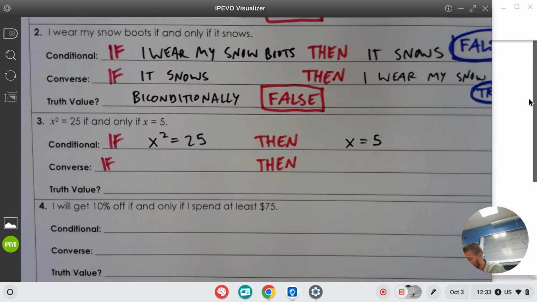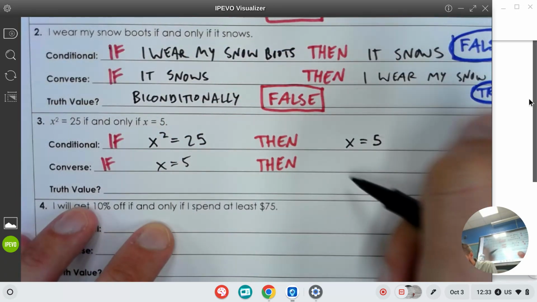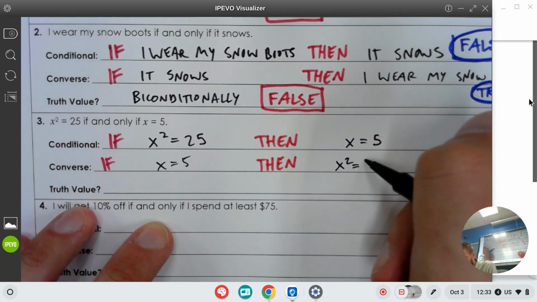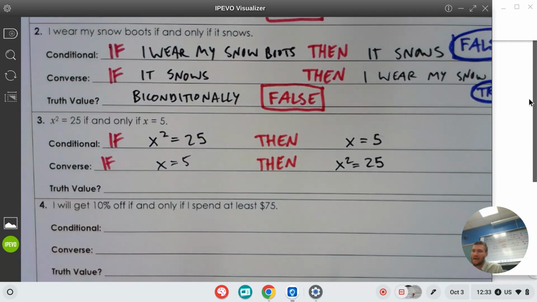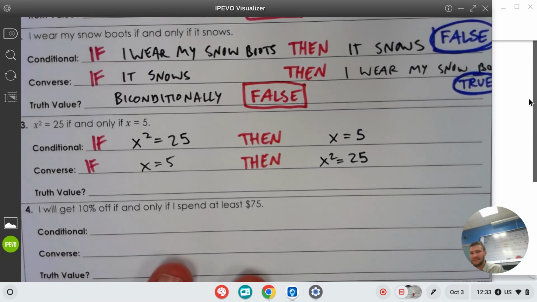Conversely, anybody got the converse set up? What do you got? If x equals 5, then x squared equals 25. Absolutely. And I hope you're not stressing that. I hope you're not nervous. It's the forwards and the backwards, and they both have to be guaranteed true.